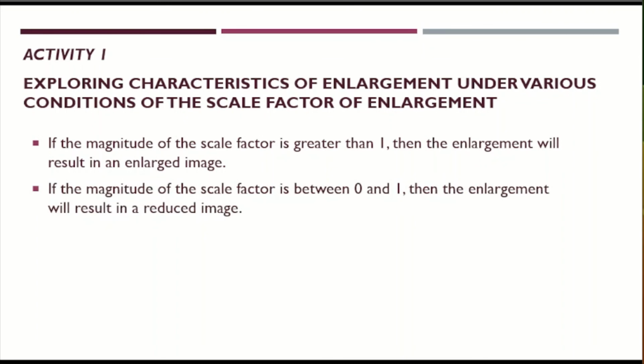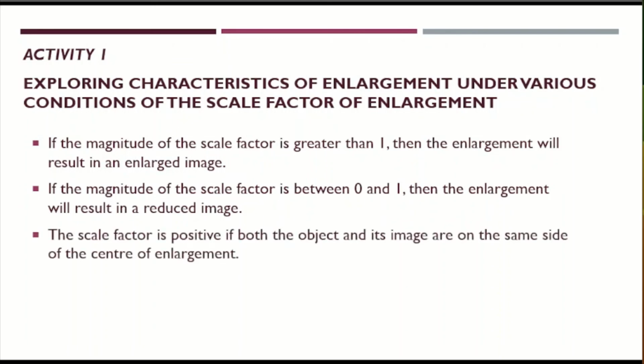If the magnitude of the scale factor is between 0 and 1, then the enlargement will result in a reduced image. If the scale factor is positive, both the object and its image are on the same side of the center of enlargement.